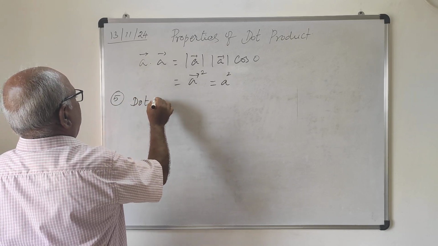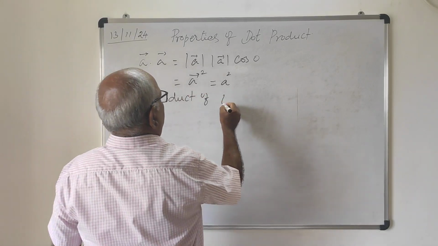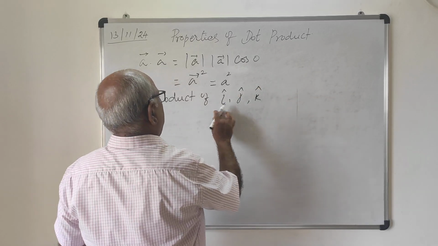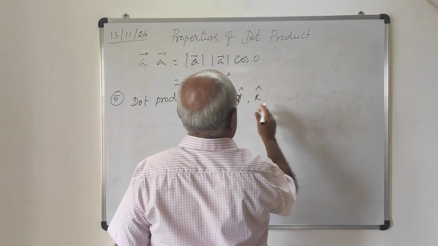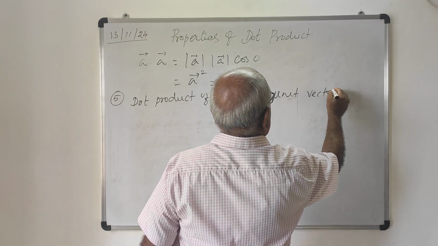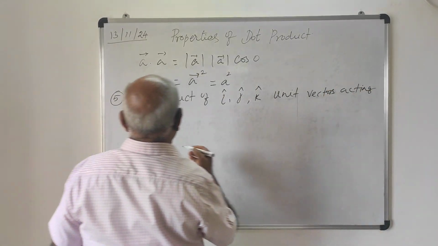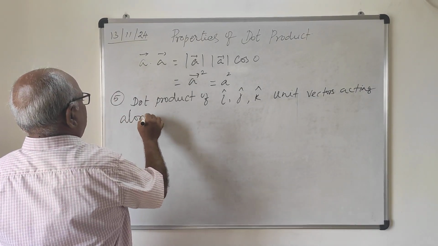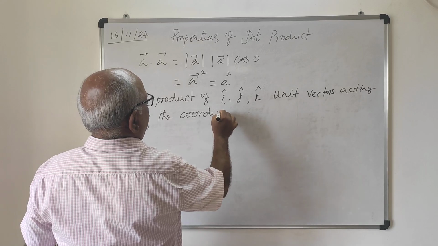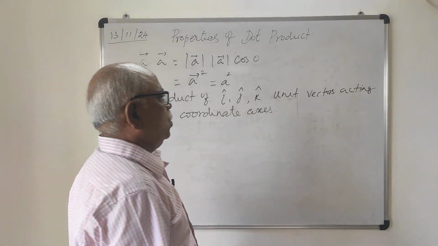Dot product of i cap, j cap and k cap unit vectors acting along the coordinate axes.